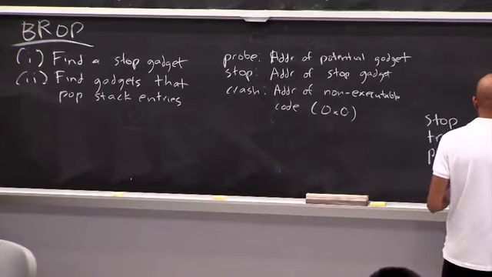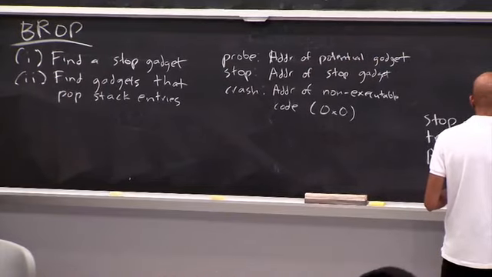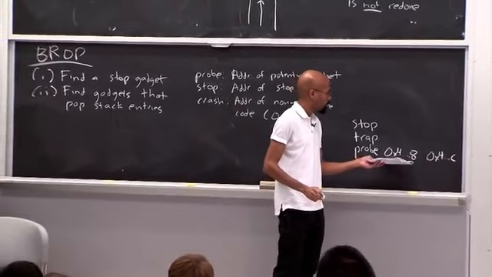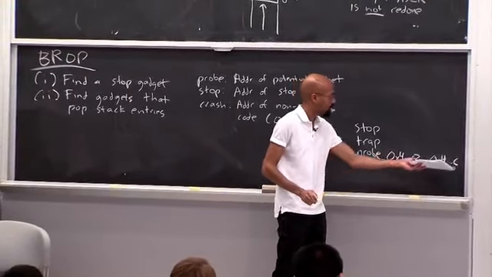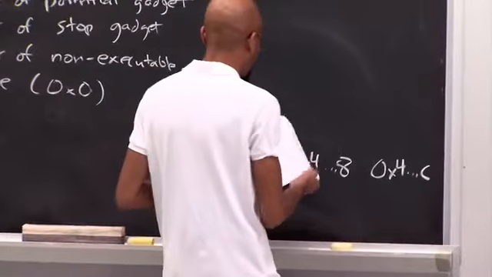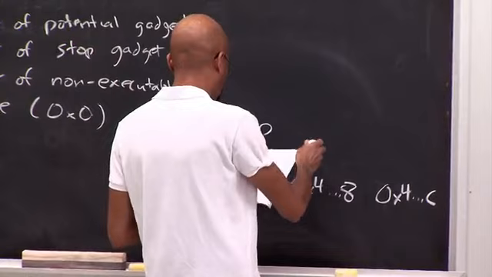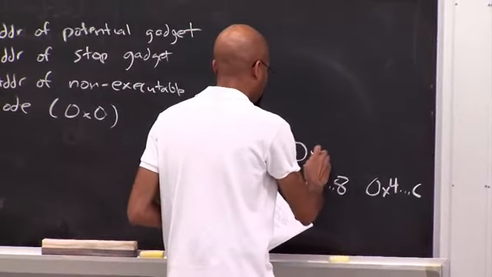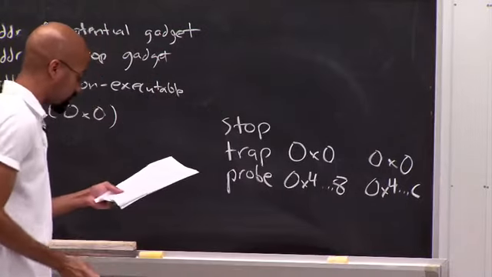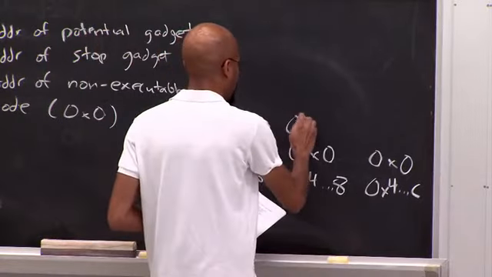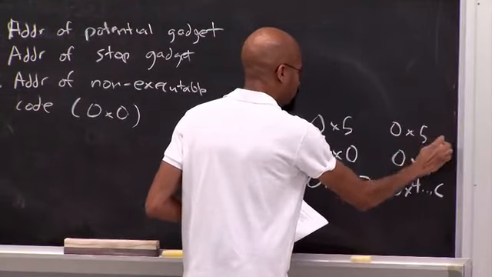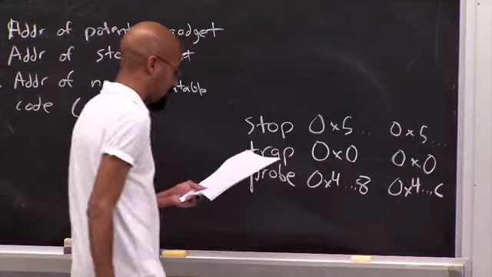Over here, let's say that we look at the address that starts in a 4, ends in a C. So we're hypothesizing that maybe one of these two addresses is going to be one of these stack popping gadgets. And then let's say that the trap up here, like I said, this is just going to be address 0. And then let's assume that we found some pre-existing stop gadget at some address that starts with 5, doesn't really matter.